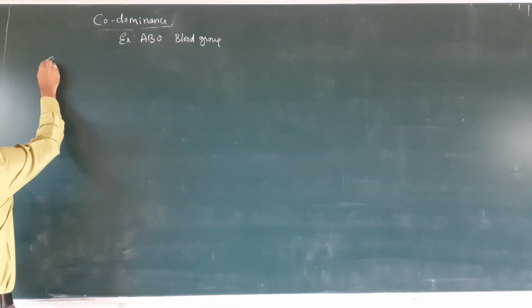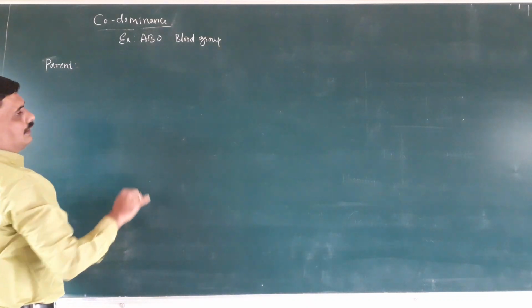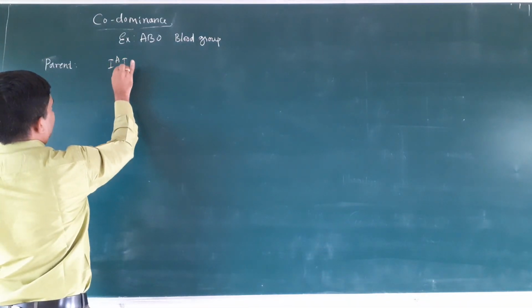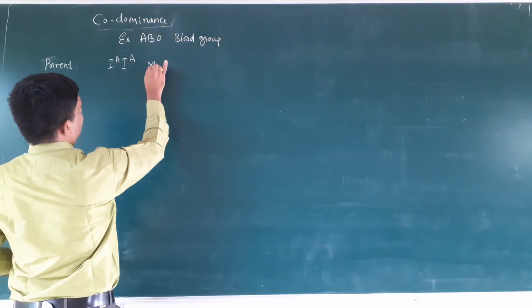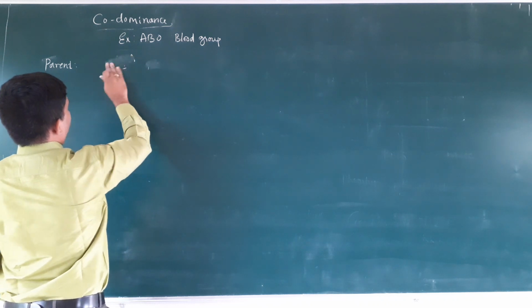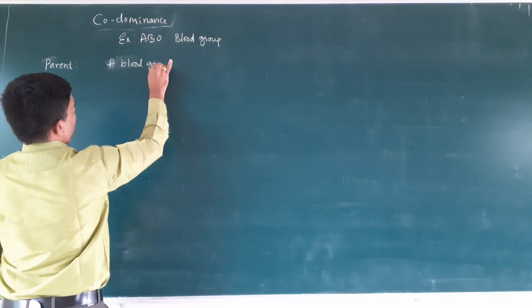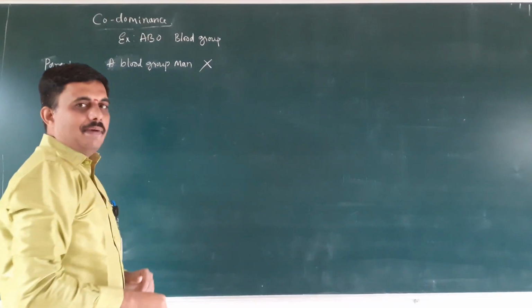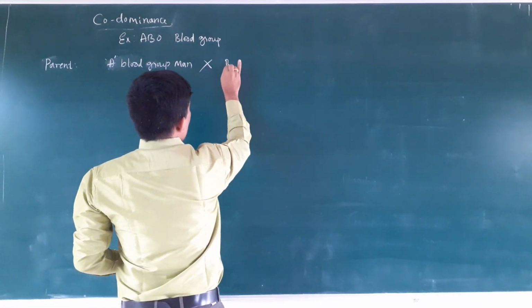An example for codominance is the ABO blood group in humans. For example, we take the parents: an A blood group man marries a B blood group woman.